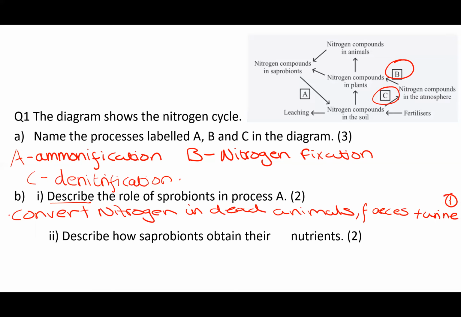So that gets you 1 mark for the compounds and 1 mark for ammonia. That's all you need to get those 2 marks.